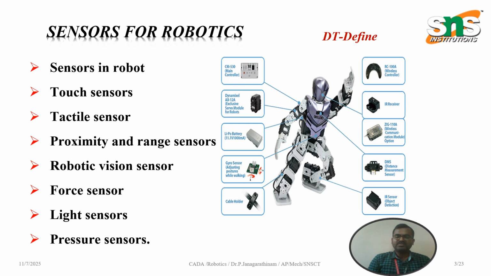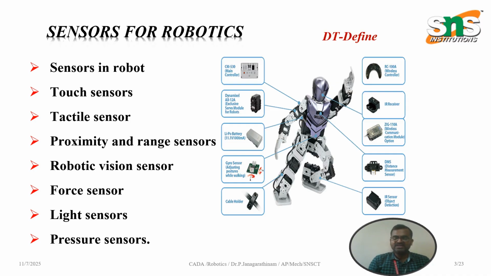Proximity sensors calibrate the distance of an object. Robotic vision sensors focus on the programmable coding. Force, pressure, and light sensors help control the speed, acceleration, and other properties of the robotic systems.